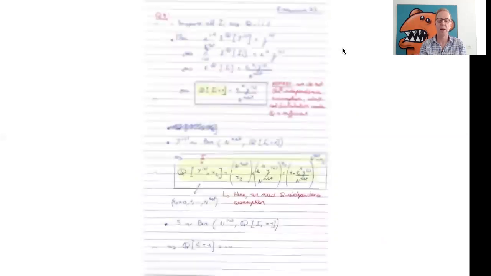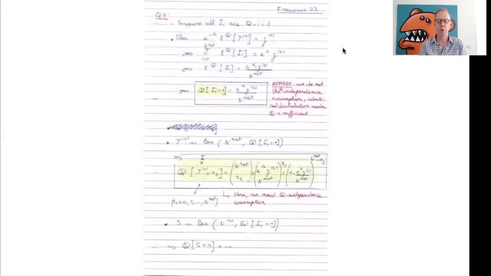So if we suppose that all Ii are independent identically distributed under Q, then e to the power minus r times the expectation under Q of Y2 is Y2 can be written in another way. We can just sum over all i: the expectation under Q of Yi is e to the power r times Y2. Now the expectations under Q of Ii are equal because they are all identically distributed.